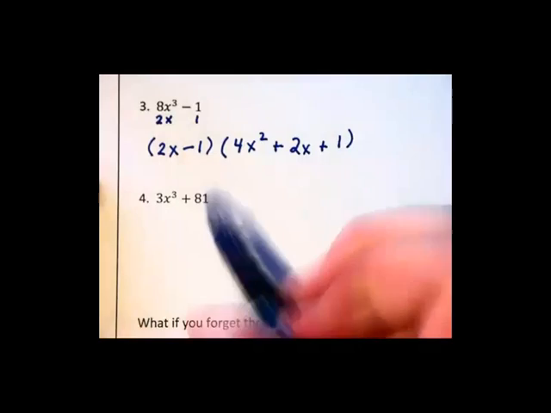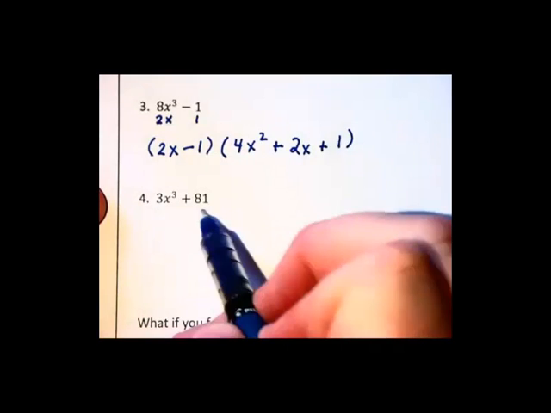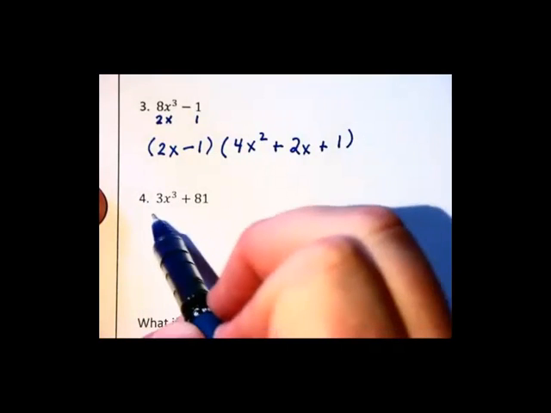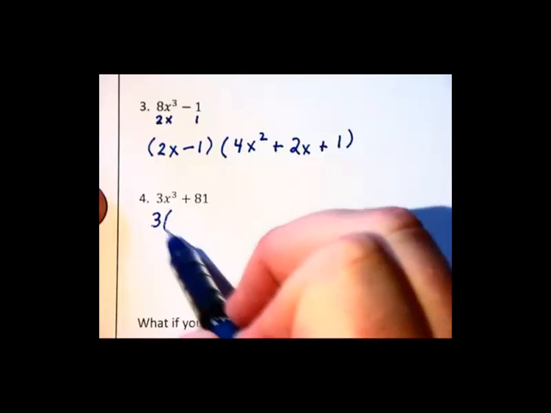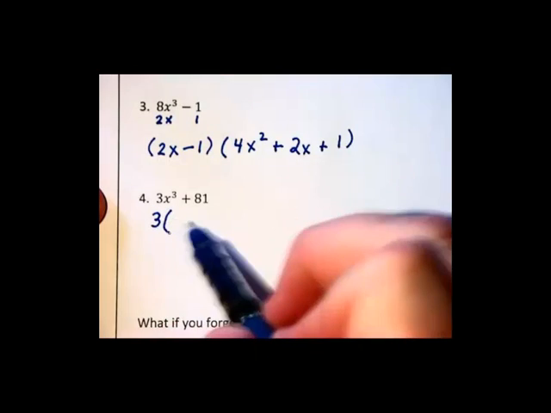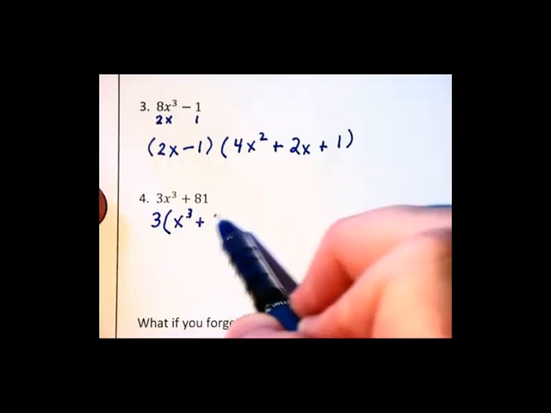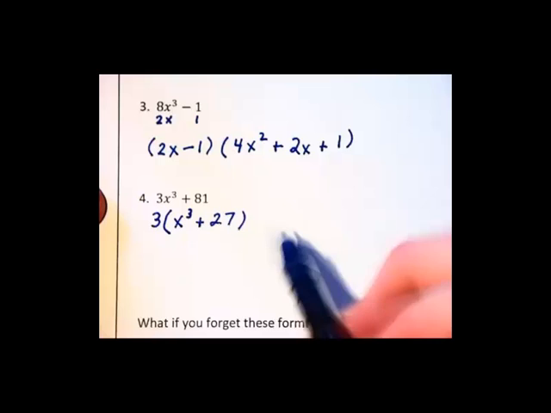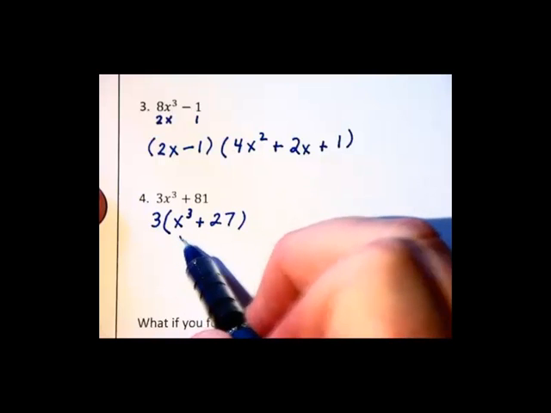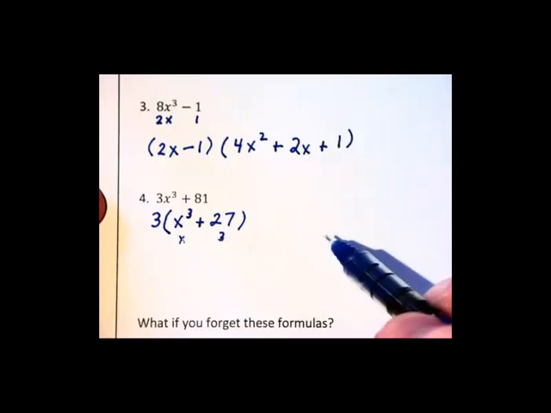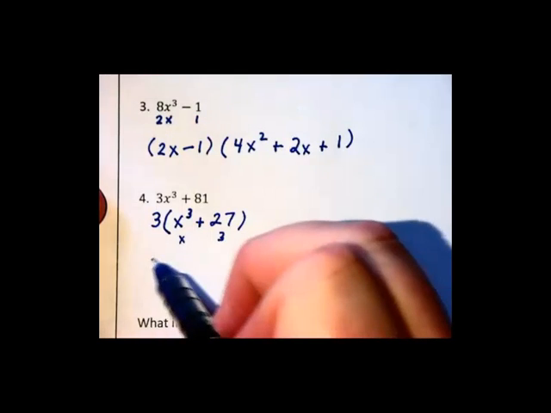Okay, 3x cubed plus 81. I always want to ask, can I factor out a greatest common factor? And I can. 3 divides out, leaving you with x cubed plus 27. Now we're going to look at an x and a 3 as the cube roots of each of those. Leave the 3 out front.